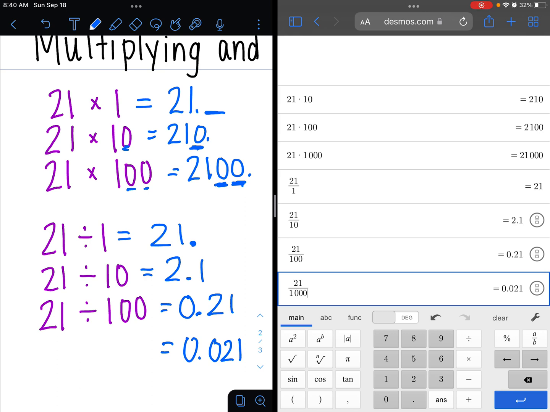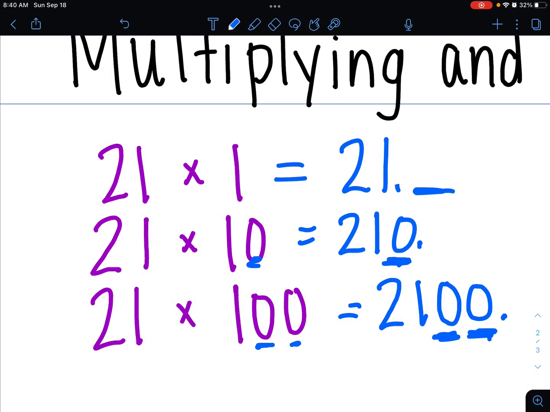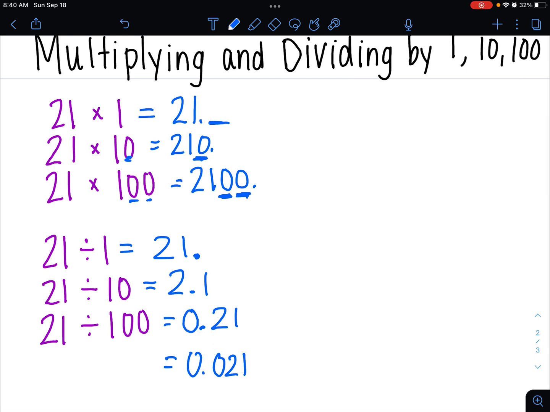So let's take a look at what's happening here. When we multiplied, our decimal kept moving to the right, and we added a 0.